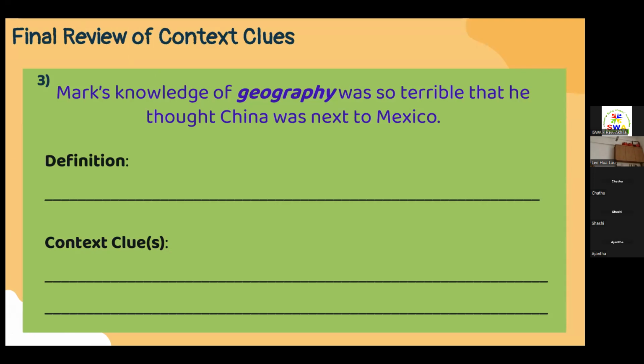Okay, that's a good try. That's very close. How do you know that this is the science of Earth? What kind of clues do you use? About the land and the environment and the situation of the area.